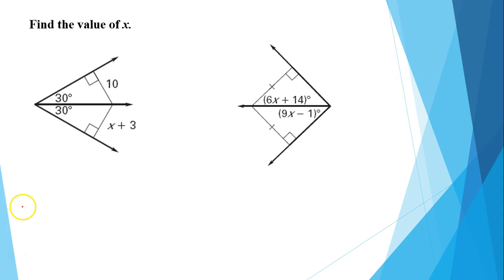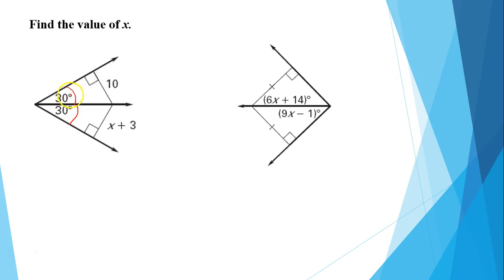Now what I have for you next is something from section 5.3, where we're looking at angle bisectors. I know that this line going through my angle is an angle bisector because I see 30 here and 30 here. These two angles are congruent, which shows that this ray is bisecting this angle. What we're asked to find is the value of x.